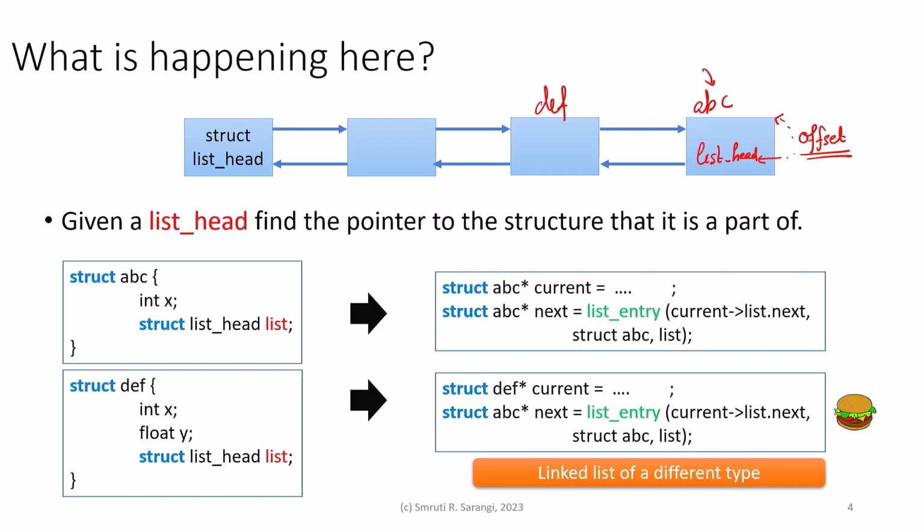The macro will provide that offset, and then you subtract that from the pointer and you get the starting address of struct ABC, and then struct ABC is your encapsulating structure. This is quite complex, but we will see when we discuss signal handlers that this is exactly what is needed.